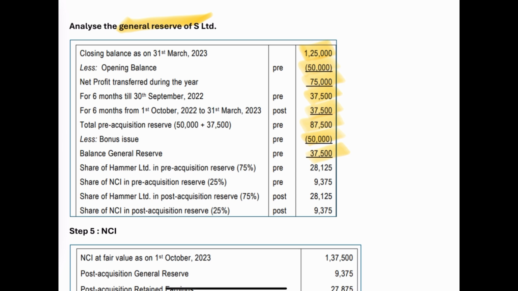This 37,500 again splits 75% to H Limited and 25% to NCI, that comes to 28,125 and 9,375. Then the post-acquisition is also 37,500, so you have similar values for post-acquisition between H and NCI.